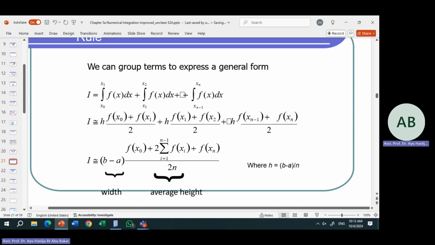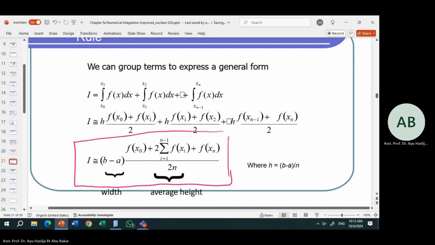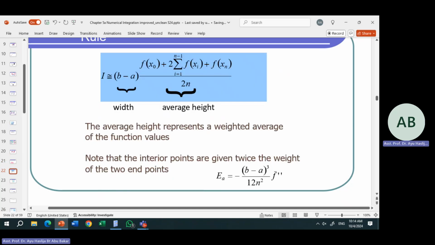Now the final equation for multiple application. This is the general multiple application. Why does it sum up like this? Because n can go to any number, any order. Now this intermediate part is multiplied by 2. This is the first segment and the last segment.